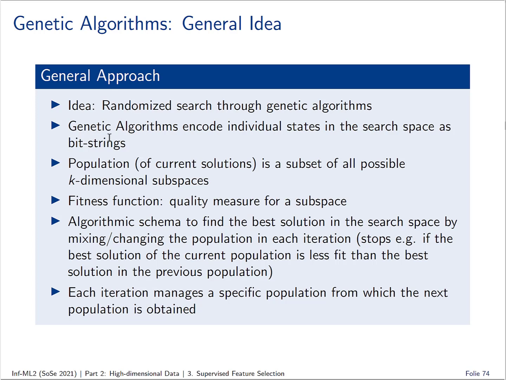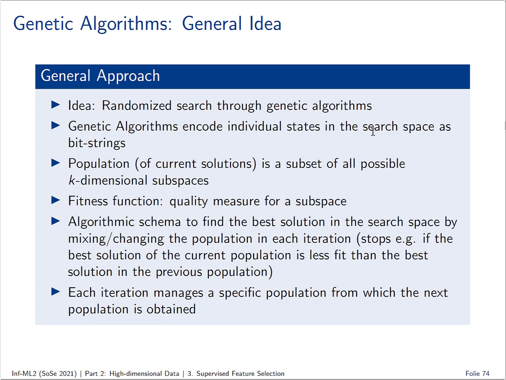So in general, genetic algorithms typically encode individual states in the search space as bit strings. What are the states in the search space? Well, those are the feature subsets, the projections we want to have.